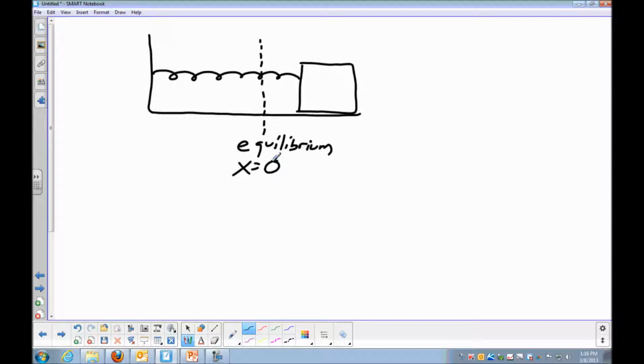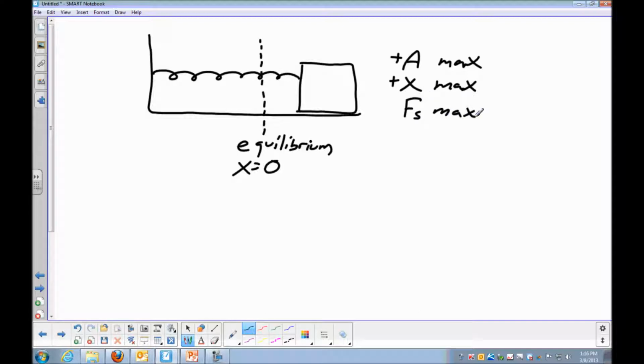So we pull this box out, and we're just going to hold it there for a second before we let it go. When the box is in this position, we are at our maximum amplitude because we are at our maximum positive displacement. Which means my spring force is at a max.